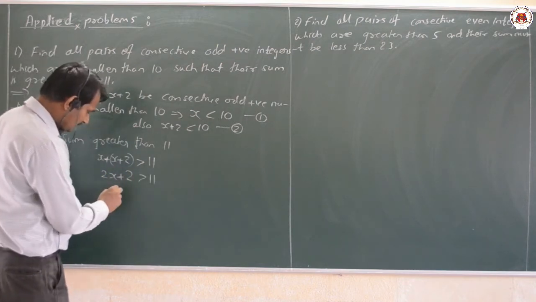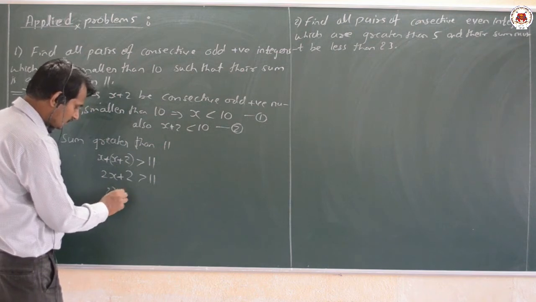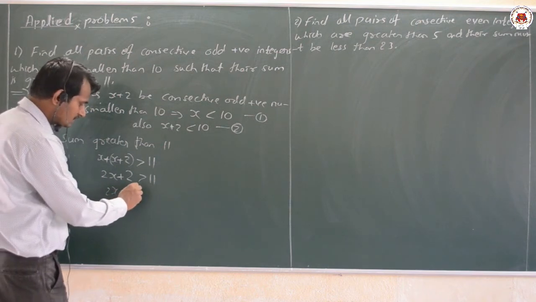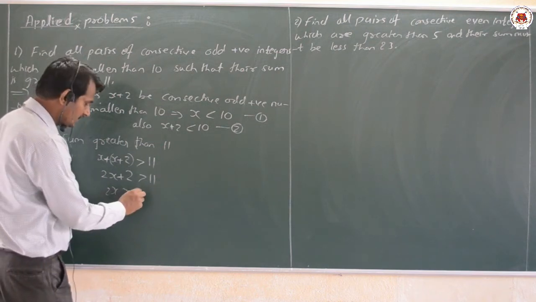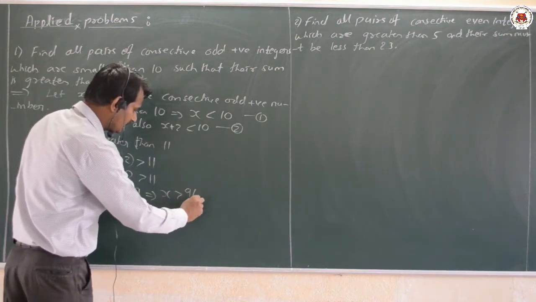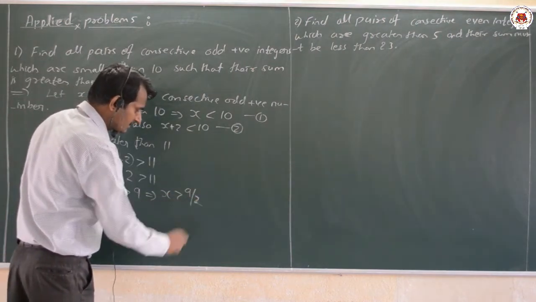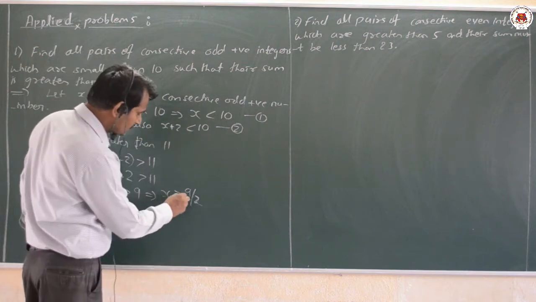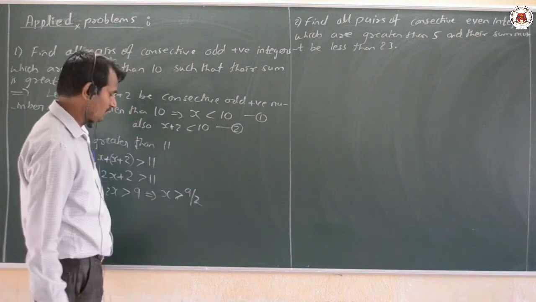Solving, we get 2x greater than 11 minus 2, that is 9. That implies x is greater than 9 by 2. That means x is greater than 4.5.